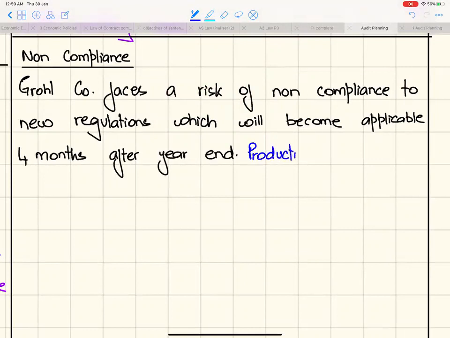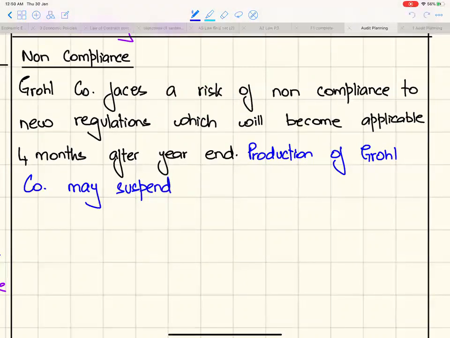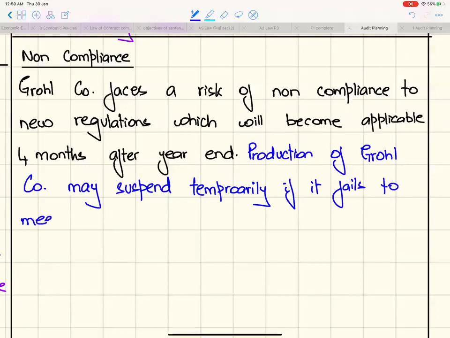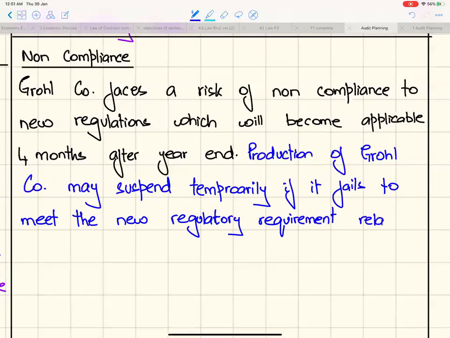Production of Grahal company may suspend temporarily if it fails to meet the new regulatory requirement relating to production line.